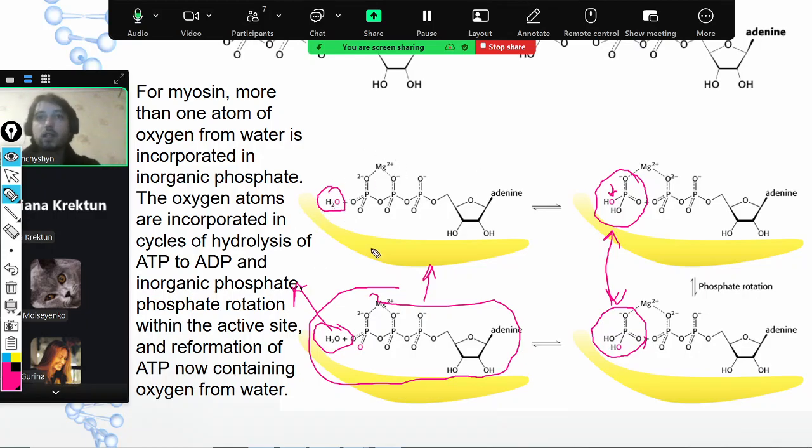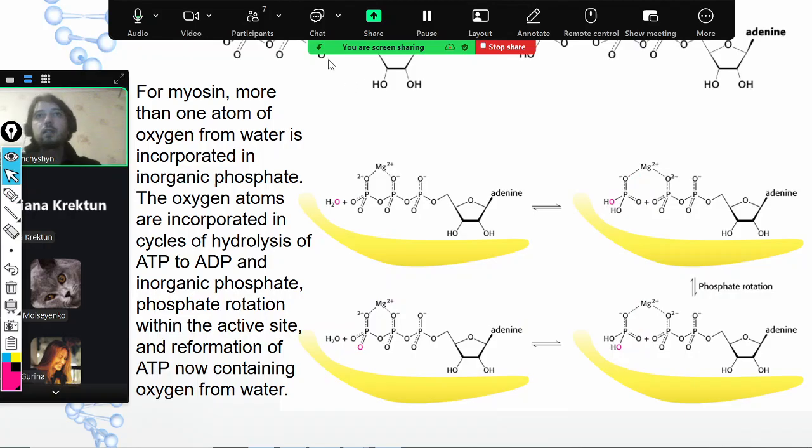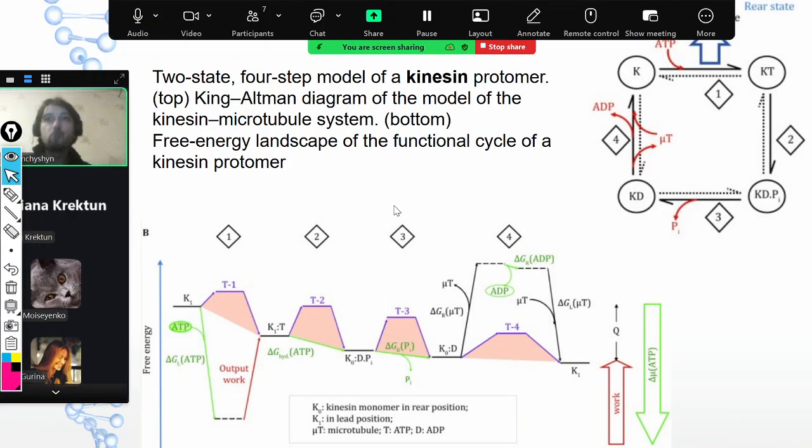You perform this procedure once again, and now you will have two heavy oxygens, and that basically proves that we have this very long-lasting state when ADP and inorganic phosphate are bound to the protein.